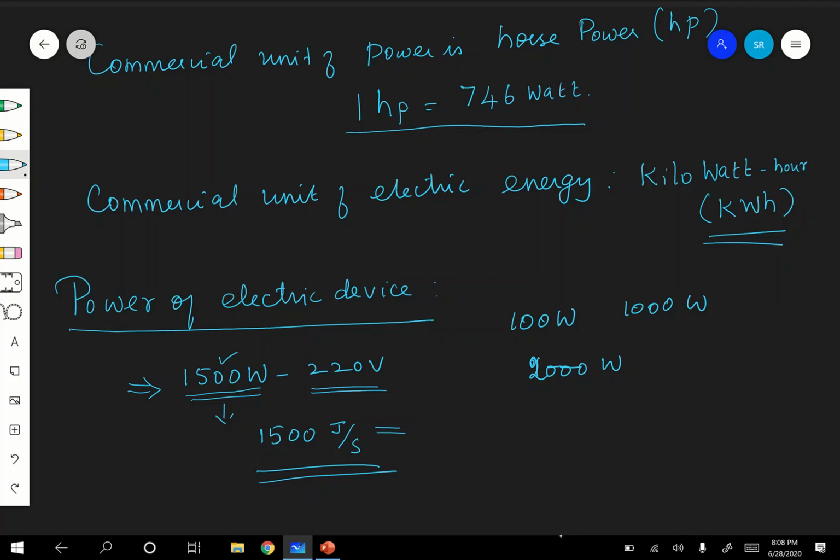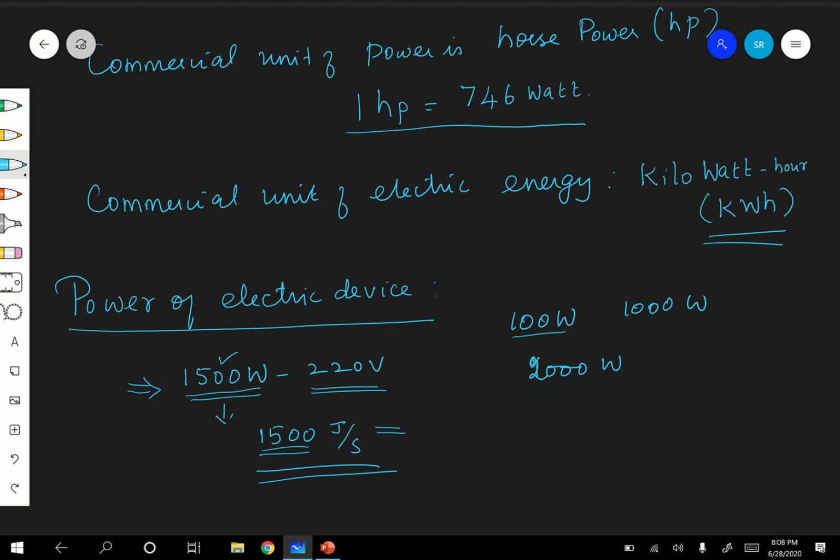It consumes 1500 joules of electric energy in 1 second. Every second it is in use, it is consuming. At what rate? It consumes 1500 joules of energy in every second. Are you following?